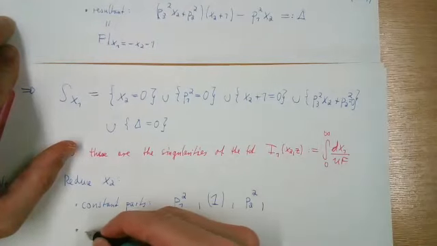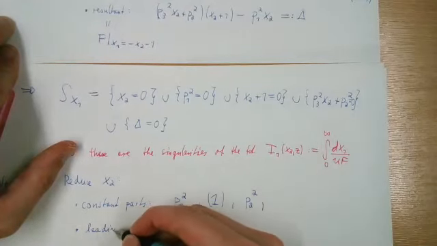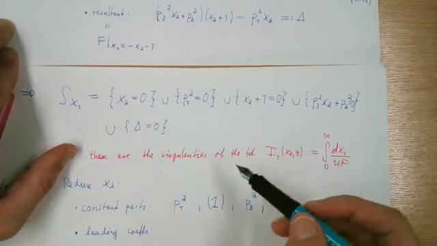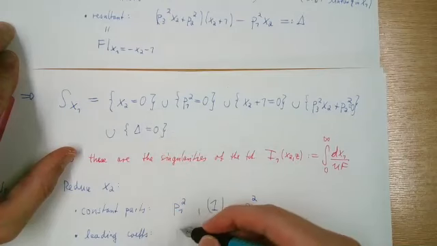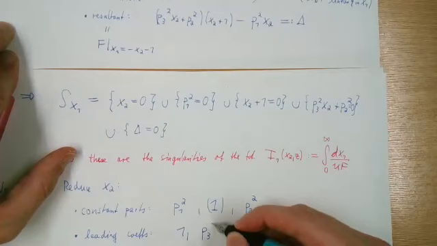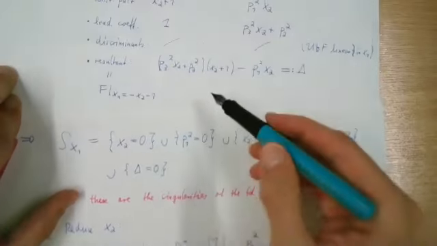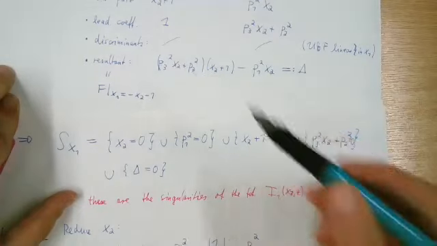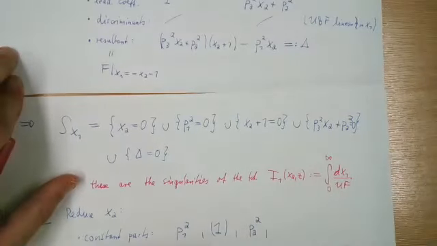Then we look at leading coefficients. Nothing interesting here, there's another one, then we have p3 squared. The leading coefficient of the resultant, which is quadratic, is also p3 squared. So we don't get anything new.